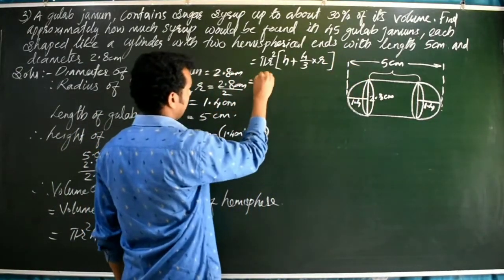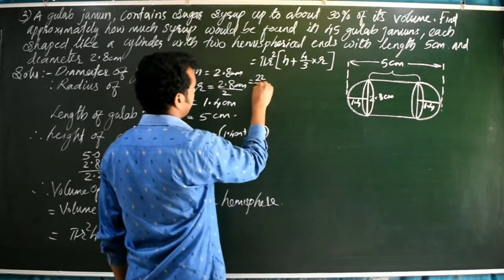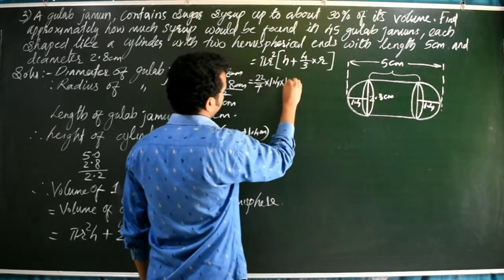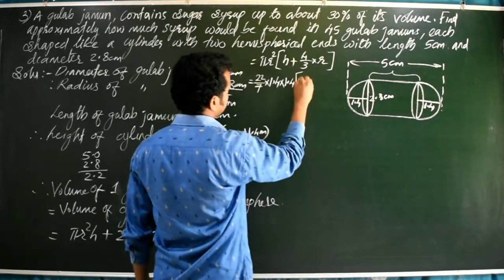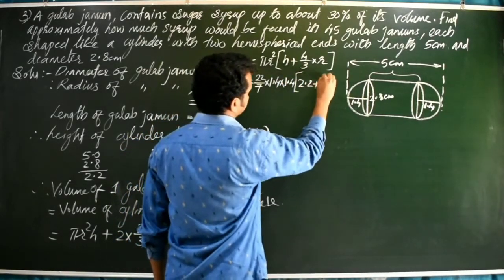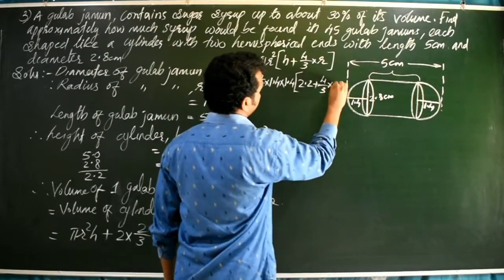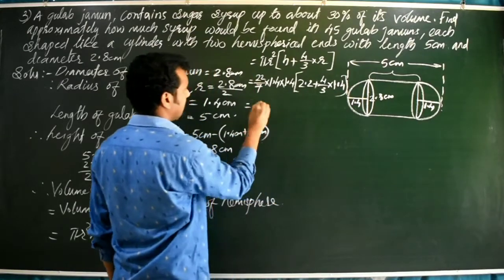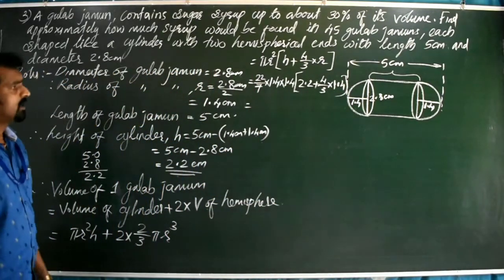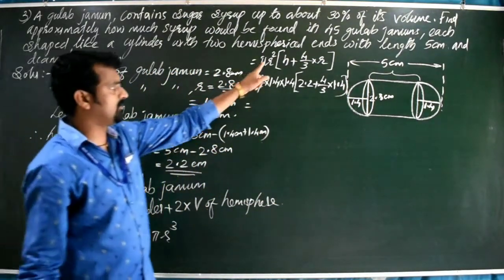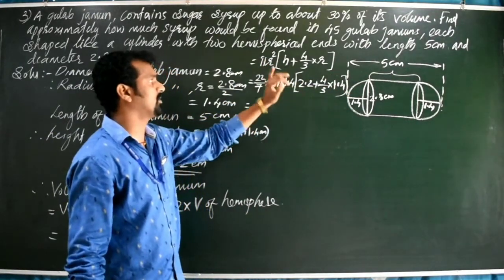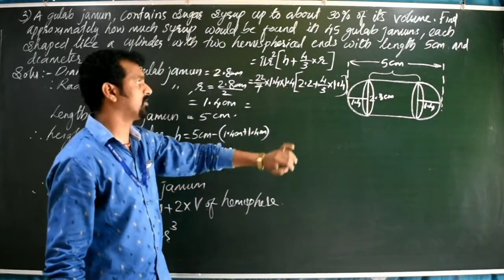Now substitute values here. Pi value we can substitute, 22 divided by 7, into radius 1.4 into 1.4, into height h is equal to 2.2, plus 4 by 3 into 1.4. That is the radius of the hemisphere, the common radius only, 1.4. So in place of r we can substitute 1.4. R square means 1.4 into 1.4.